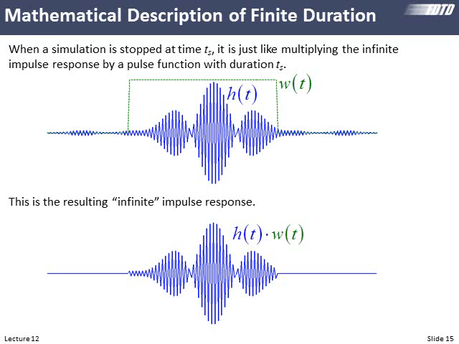So we need to limit it in time because we can't run our simulation forever. So essentially what that's doing in the time domain, we have the window of our simulation. It has to start at some point and it has to end at some point. We know we initialize everything to 0, so everything will be 0 before the simulation starts.